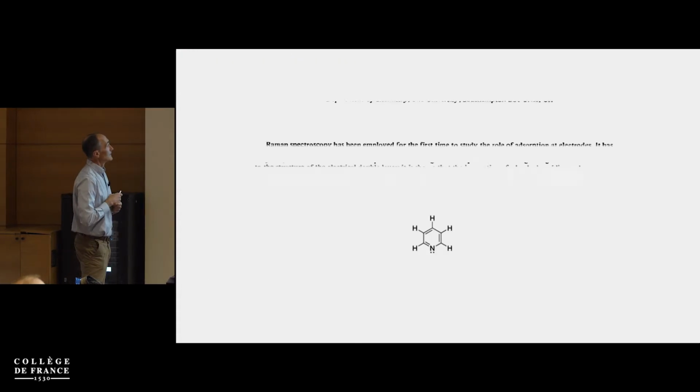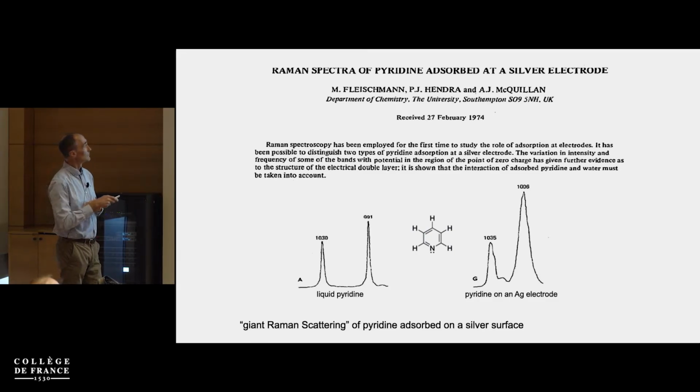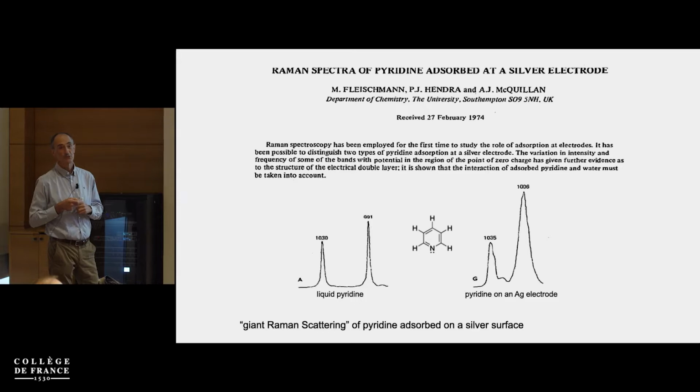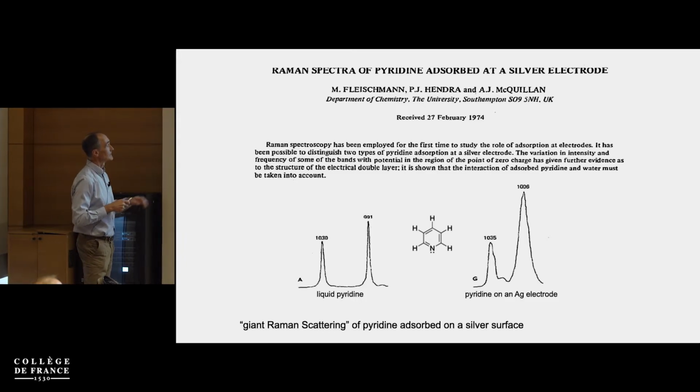So, this was discovered in 1974 in the group of Fleischmann, who is also well known for another discovery which turned out not to be so spectacular as he claimed. But anyway, so this was true.